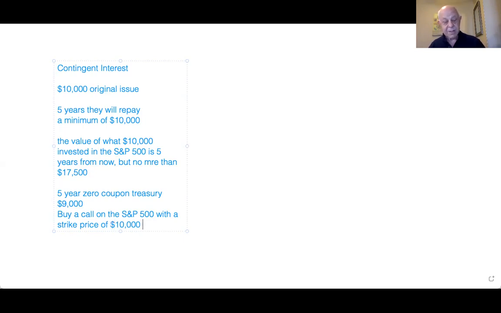And they're simultaneously selling a call on the S&P 500 with a strike price of 17,500. When you combine those instruments together, that's going to be the payout on this debt.